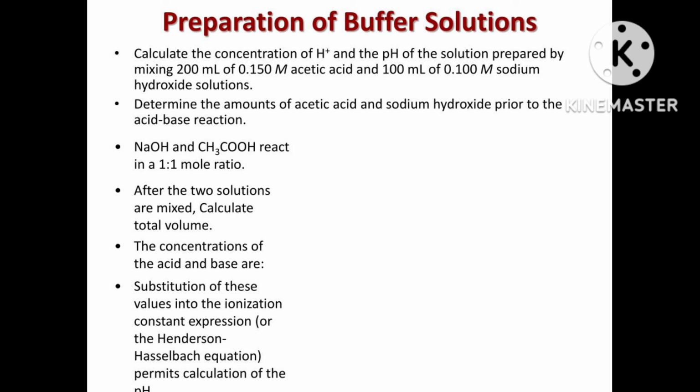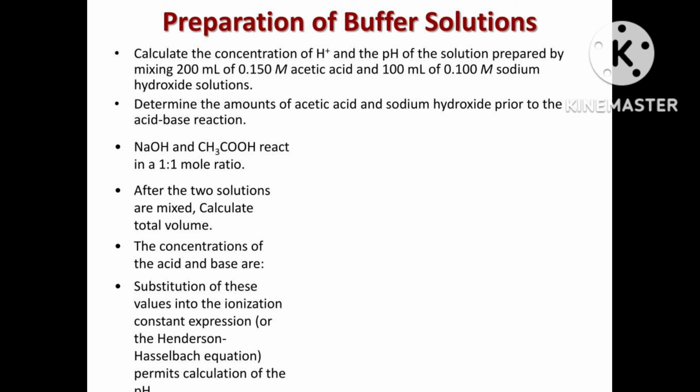Ammonia solution is the base, and ammonium chloride is its salt, because chloride is from the strong acid HCl.